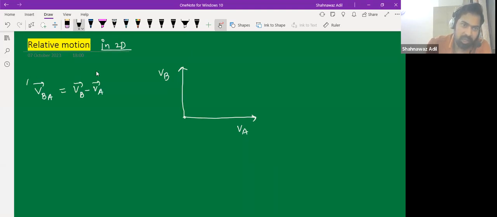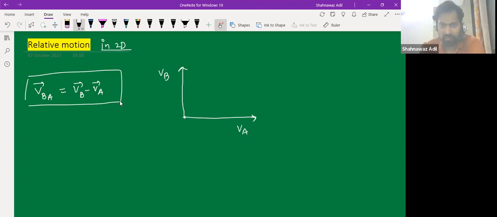would be simply VB minus VA. And we are doing the vector calculation, right? So remember, how did we do this subtraction of vectors? These are two vectors and we are subtracting them, right?